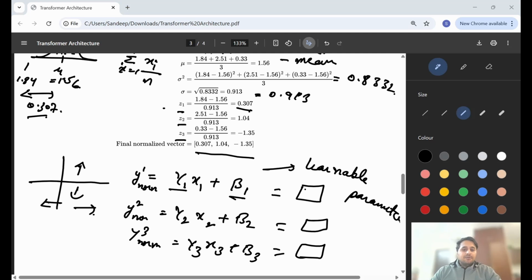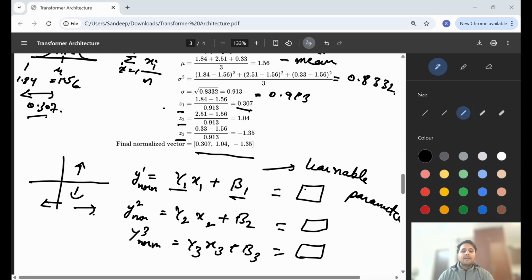I want to tell you why transformers love layer normalization: it works perfectly for natural language processing and sequential tasks. Layer normalization does not depend on batch size, and it also helps make our attention output more stable. It makes training faster and more stable and makes the gradients smoother.